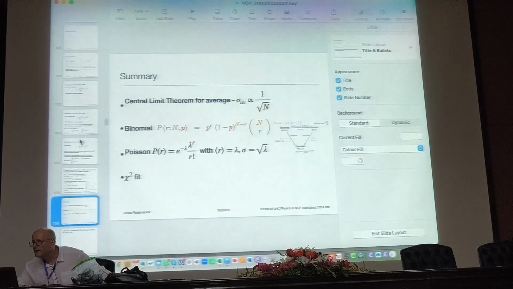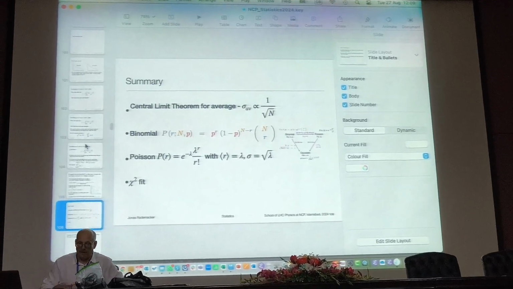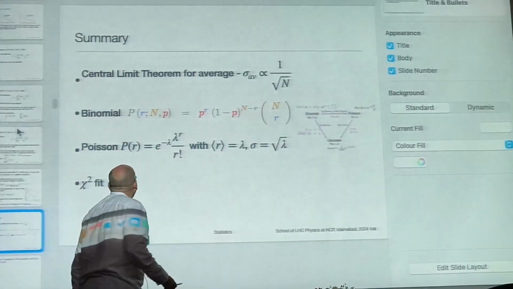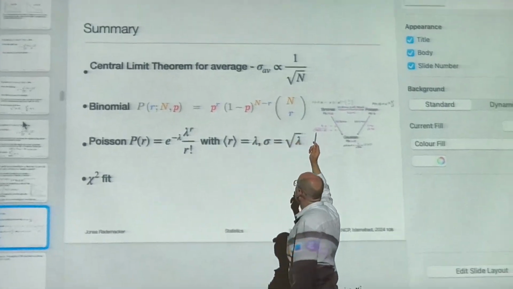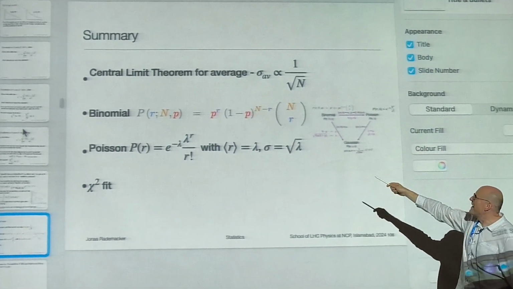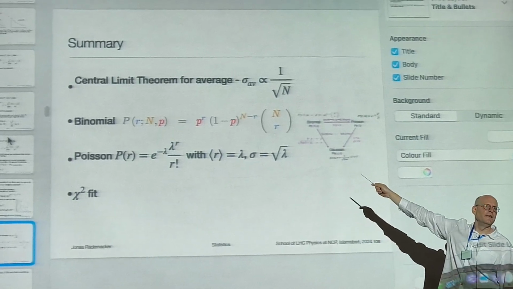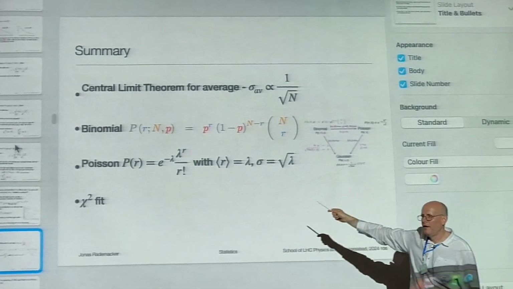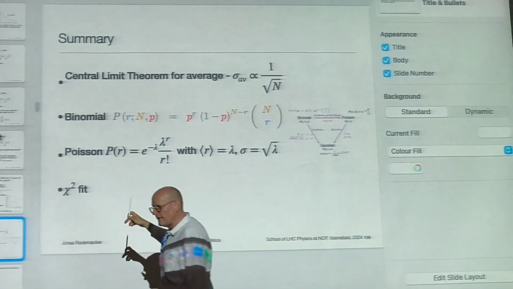Okay, so what we've done today is much less than I thought I would do. We have done the central limit theorem for averages, we have done the binomial distribution, and we haven't done the Poisson distribution. And maybe we won't do it ever.